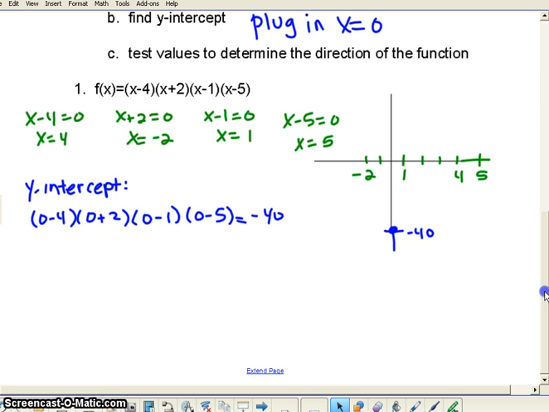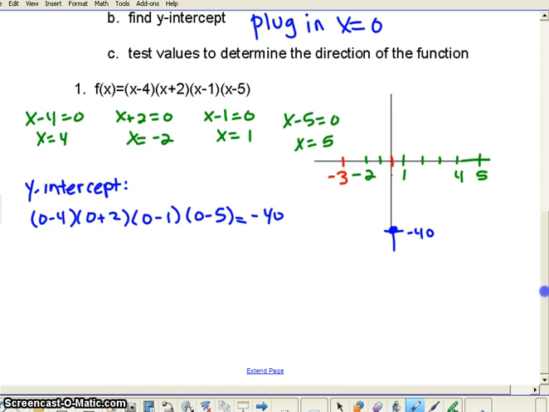Since this is a quartic function, I know it's going to cross the x-axis 4 times, and I already have the 4 roots there where it's going to cross. I just need to know how the graph's going to behave. So I'm going to pick a point out here. I'm just going to choose negative 3 because it's easy. And then I'm going to choose a number between negative 2 and positive 1.